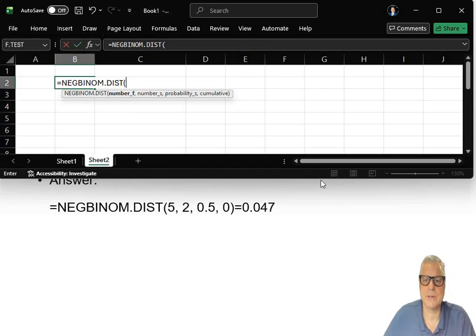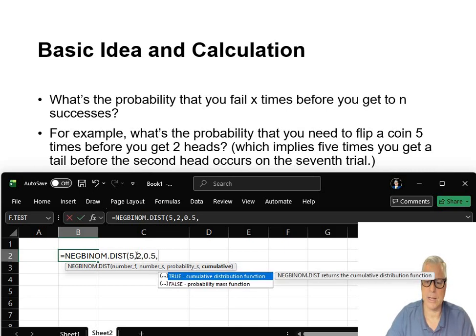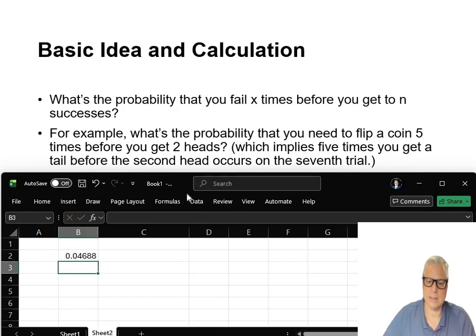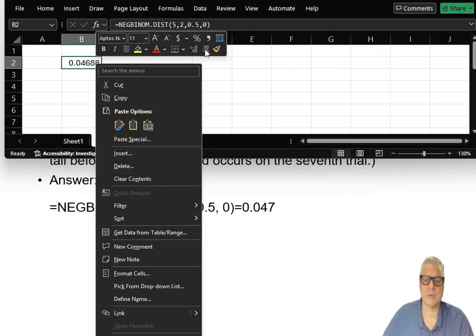That's 5 failures before I get 2 successes, when the success probability is 0.5. Again, I don't want it cumulatively, exactly 5 times, so that's a 0. And that's a probability of 4.68%, or if we round it.